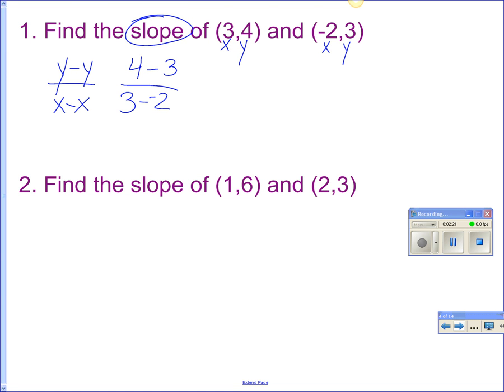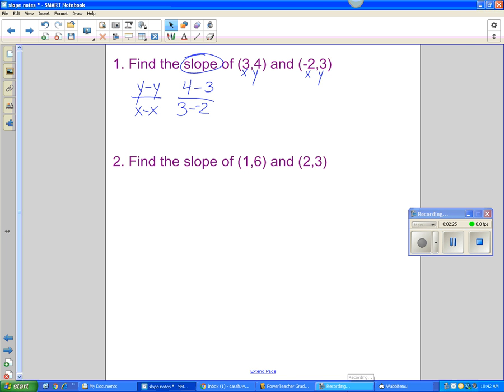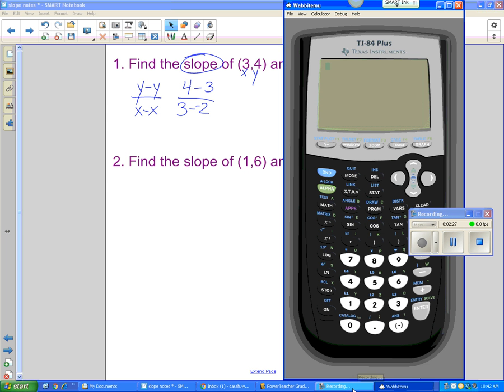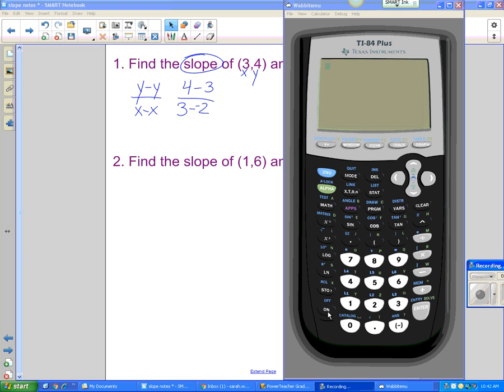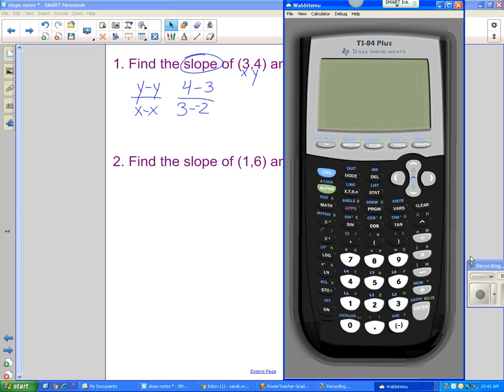Be careful if you are using your calculator. This is the reason why I changed my mind, because I want to show you a mistake that a lot of people make when they use their calculator. If you type in 4 minus 3 divided by 3 minus negative 2, the calculator will give you the wrong answer.